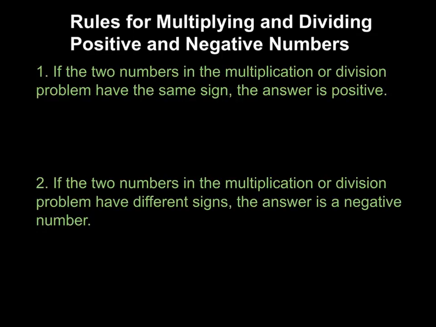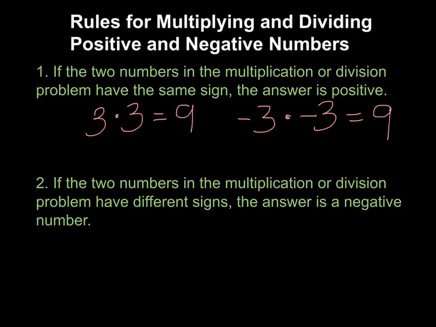Here are the rules for multiplying and dividing positive and negative numbers. There are two rules. The first one says, if the two numbers in the multiplication or division problem have the same sign, the answer is positive. For instance, 3 times 3 is 9. Negative 3 times negative 3 is still a positive 9.